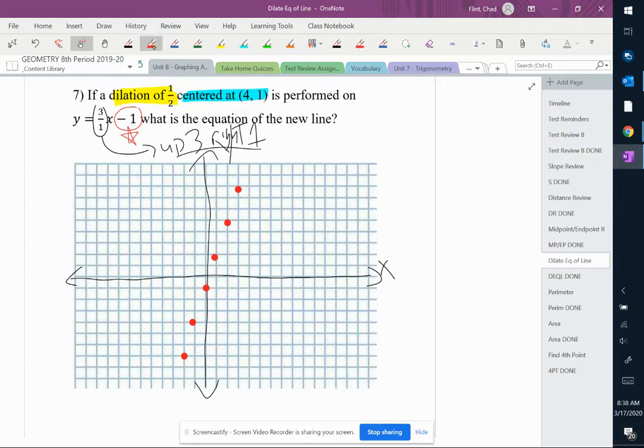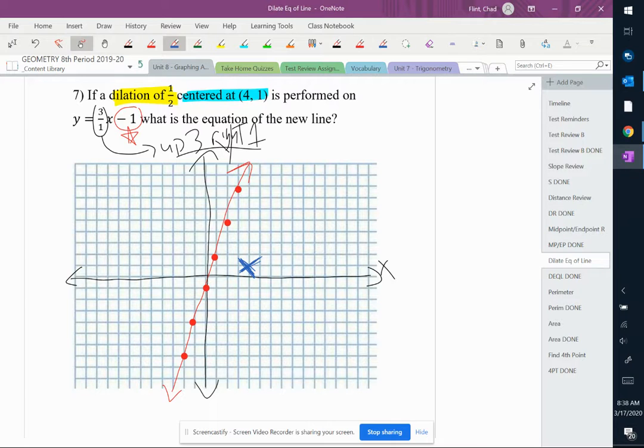So there's my line. My center of dilation is 4, 1, which is right there.